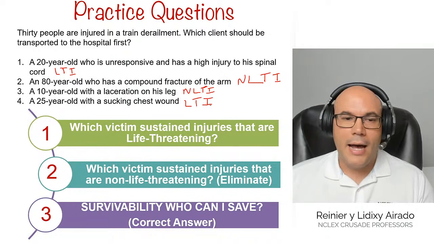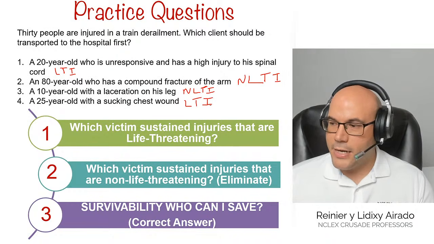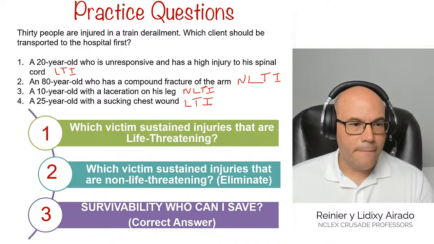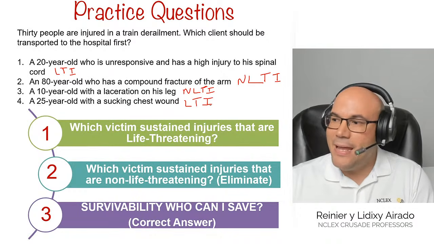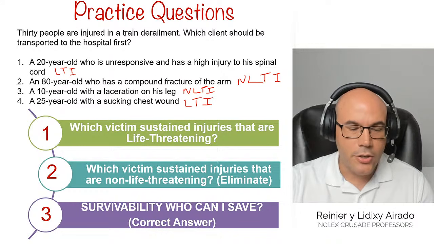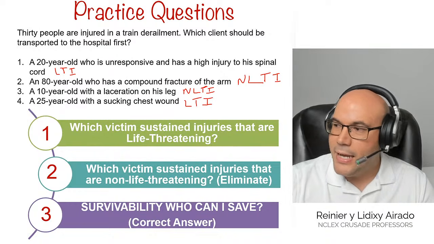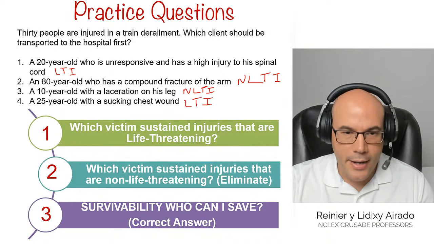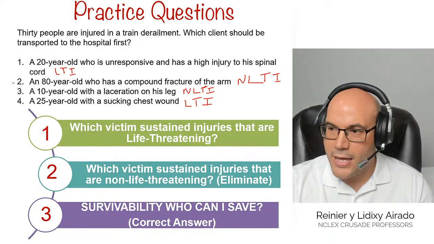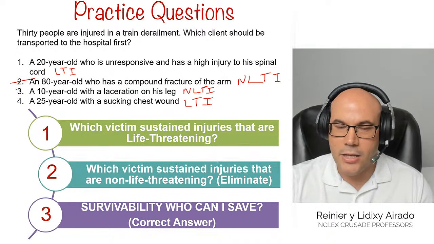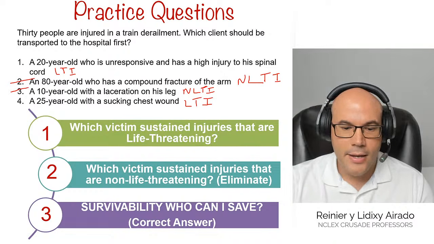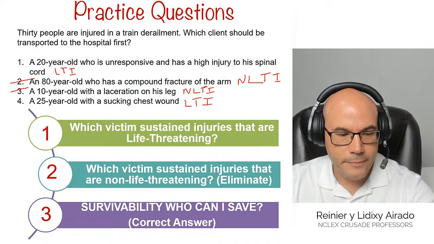Step number 2, I determined which patient has a non-life-threatening injury. What is the next step? Eliminate any answer that contains a non-life-threatening injury. So answer number 2 and answer number 3 is eliminated.